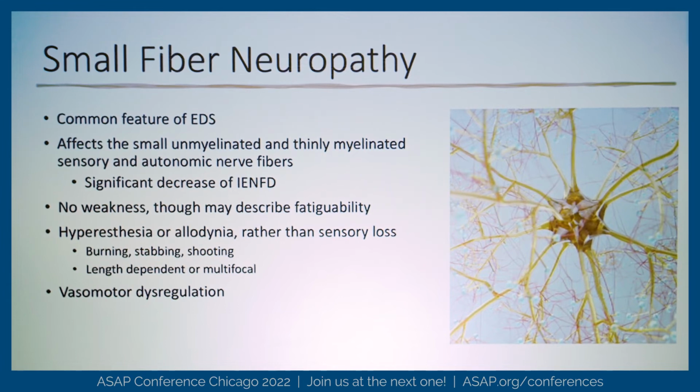There's often impaired sweating, which is interesting because there's an interesting pattern of excessive sweating of the head and the neck. In fact, I had a couple of patients who tell me that they have to put their head in the freezer in the morning in order to get to work because they're just sweating so much, but yet there's impaired sweating more distally. So I think that's a little interesting. And then there could be other autonomic symptoms like postprandial nausea or bloating, certainly slower motility of their GI tract.